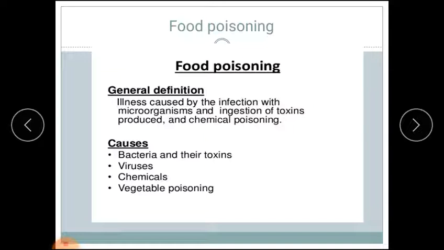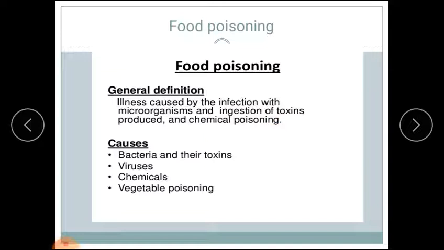When a person eats food containing microorganisms, or food containing toxin produced by those microorganisms or any other chemicals, and after eating such food they show certain illness, then that condition is known as food poisoning. So what is food poisoning? Illness caused by infection with microorganisms, ingestion of toxins produced, and chemical poisoning.